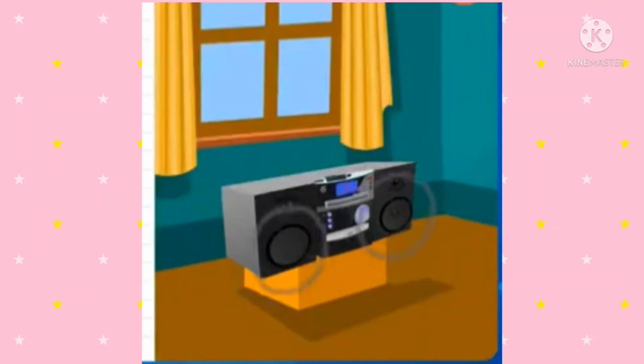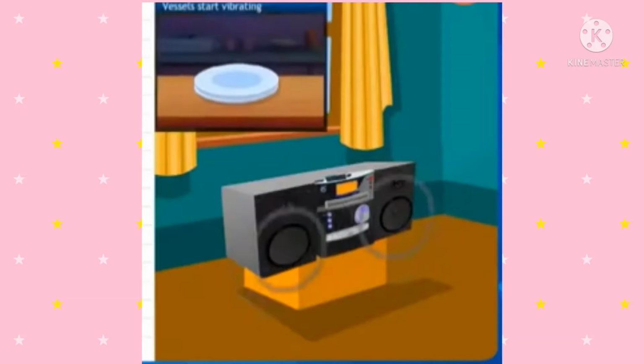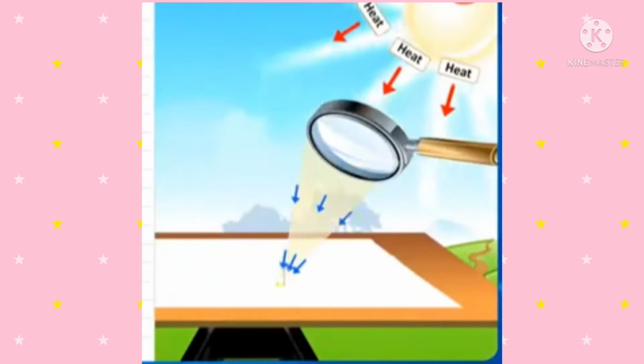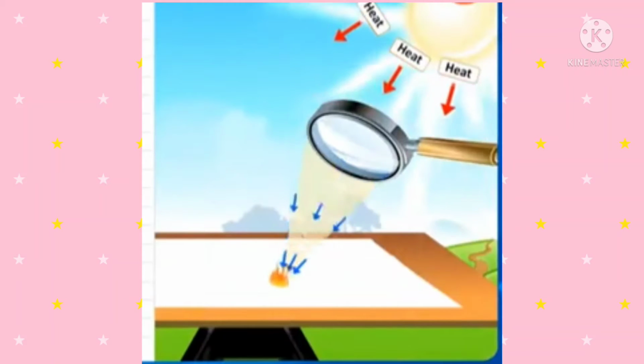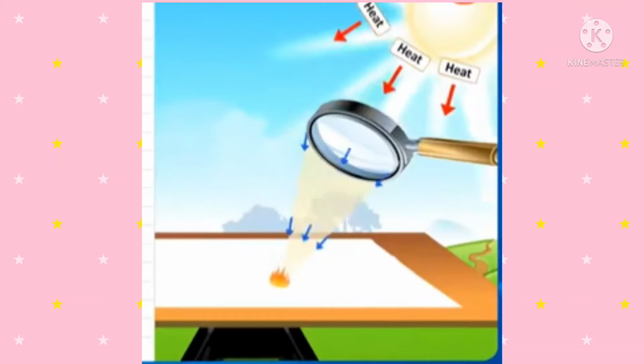On increasing the volume of a music system or TV beyond a limit, the vessels in the house start vibrating. Collecting sunlight on a paper with the help of a convex lens burns the paper.